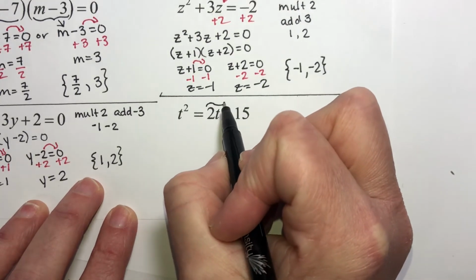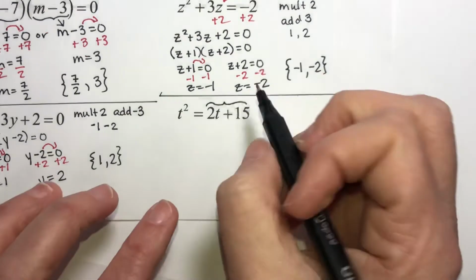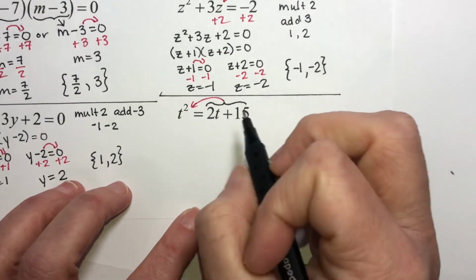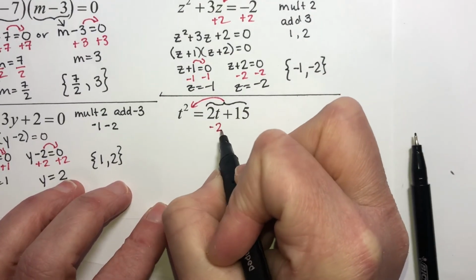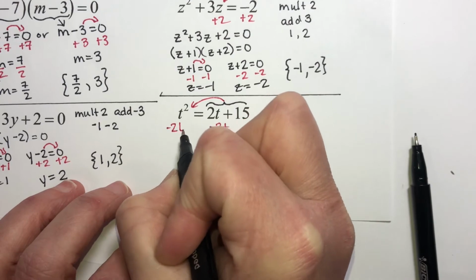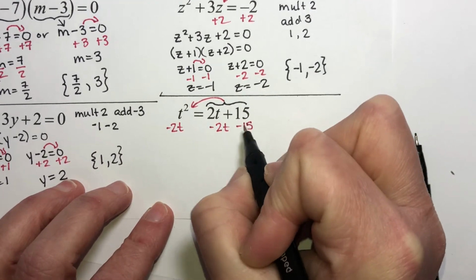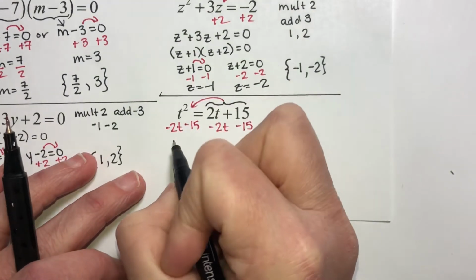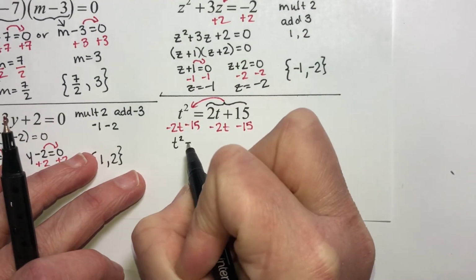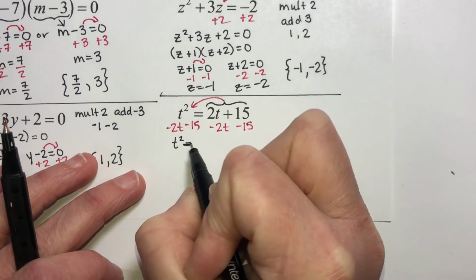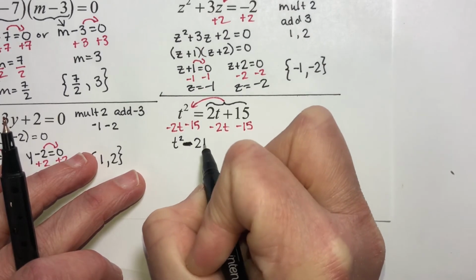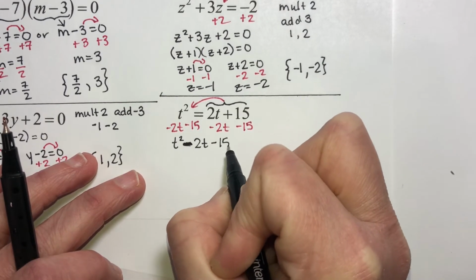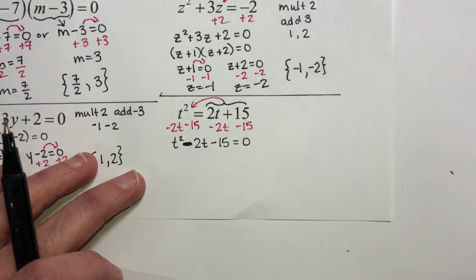So it's actually going to be easier if you take both of these and move them over to here. And I would do that by subtracting 2t from both sides and also subtracting 15 from both sides. So that would give me t squared minus 2t minus 15 equal to 0.